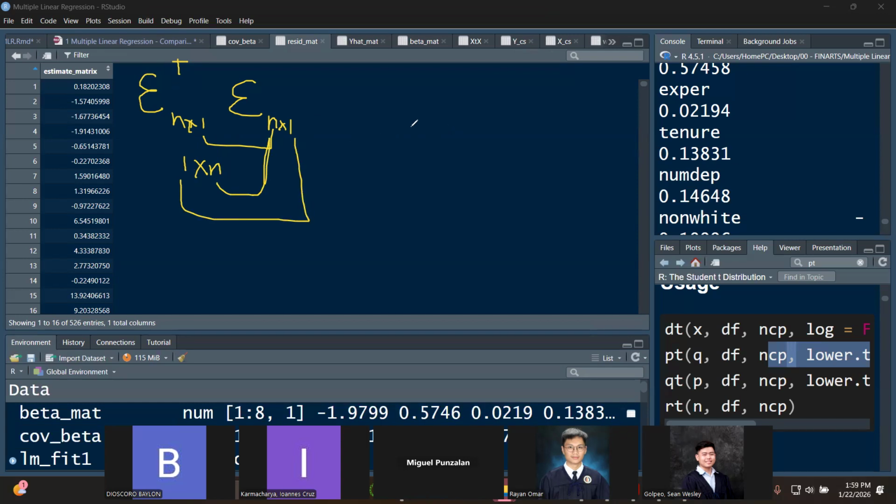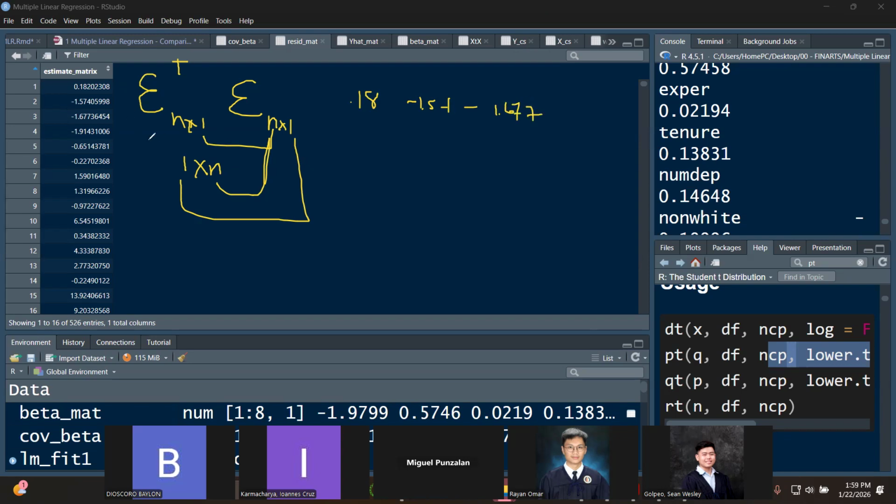The 1 by 1 answer, class, will be your sum of the squares of your residuals. So in other words, if I get the transpose of this one, so for example it's 0.18, the transpose will be 1 row by n, and then negative 1.57, and then negative 1.677, etc. Okay?